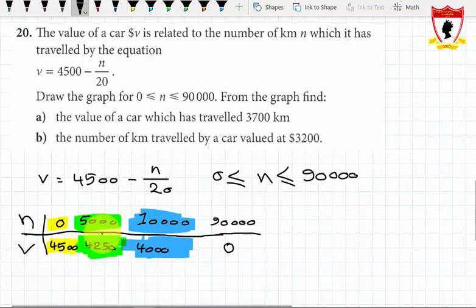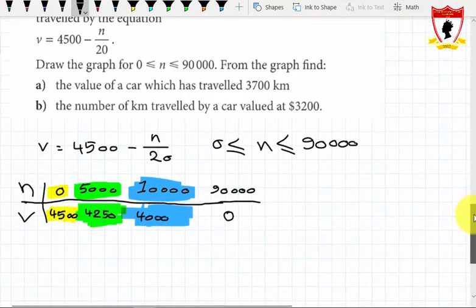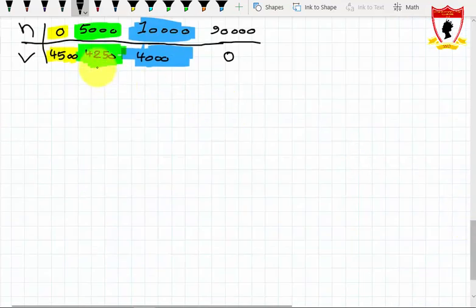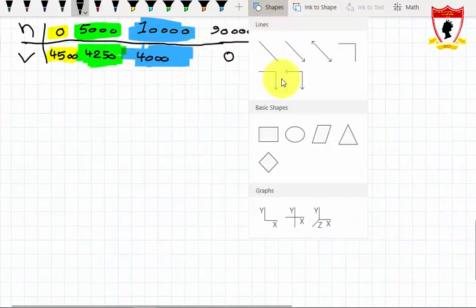Now let's make a proper XY axis to be able to fit all of these numbers. The maximum value for V is 4,500 and the maximum value for N is 90,000. N will be the horizontal axis and V will be the vertical axis.